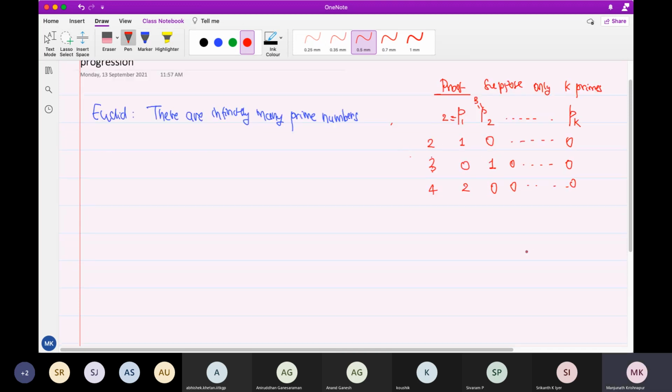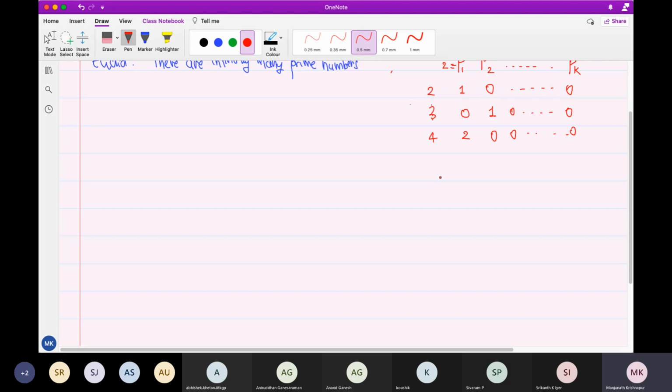So you agree. Every number n, if we can write n in the form P1 to the E1, P2 to the E2, up to Pk to the Ek, then you will just write here E1, E2 up to Ek.